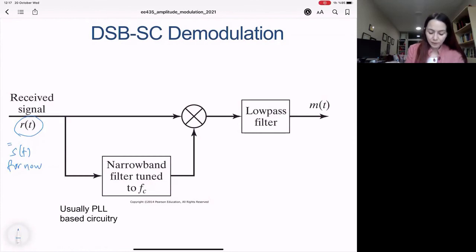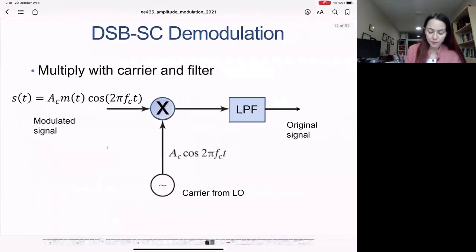Now, the most common way of demodulating double sideband is you somehow produce the carrier frequency at the receiver. So here include cosine 2 pi fct, mix it with the received signal, low pass filter it, and you get your result. Now, first, let's see mathematically why this works.